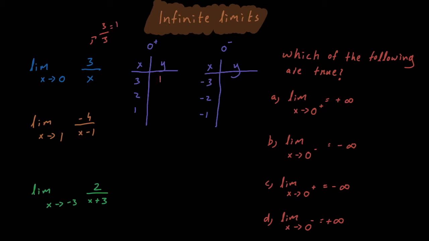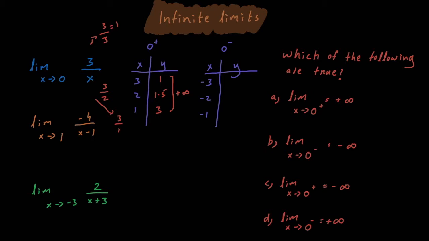If we substitute for 2, we get 3 divided by 2, which is 1.5. If we substitute for 1, we get 3 divided by 1, which is 3. So as we are approaching 0, the values are getting greater, and if these are getting bigger and bigger, this means it is reaching positive infinity.